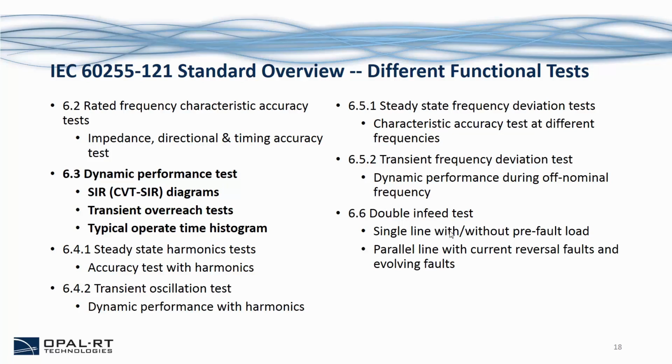And especially in the double infeed test, it is mentioned in the standard that a real-time power system simulator can be used because we need to accurately simulate the behavior of the system after the operation of a remote circuit breaker or even after the operation of the relay under test. So the demo we are showing today is covered by section 6.3, dynamic performance test.